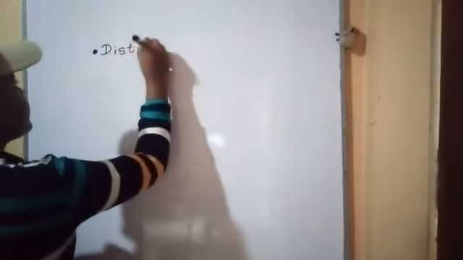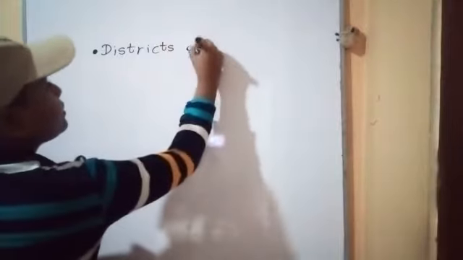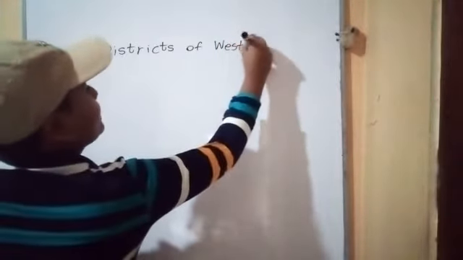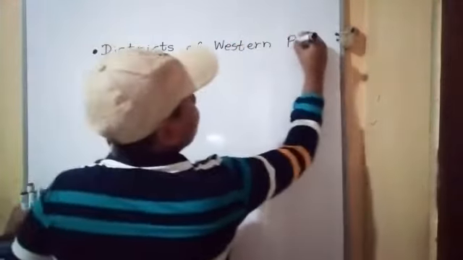Now let us consider the following groups of sets. The first one is the districts of Western Province, or you can say Southern Province, Northern Province.